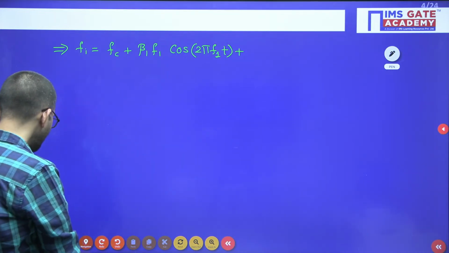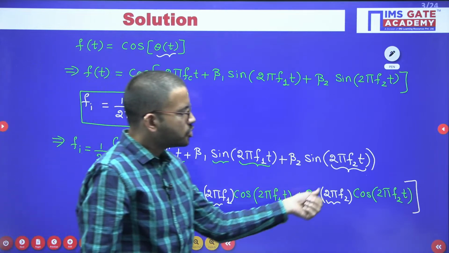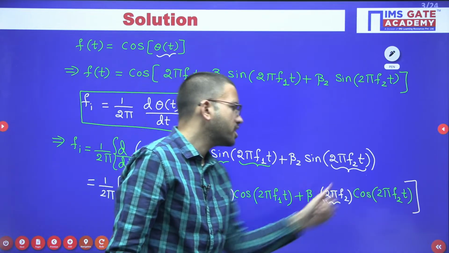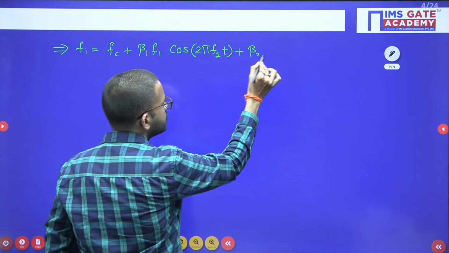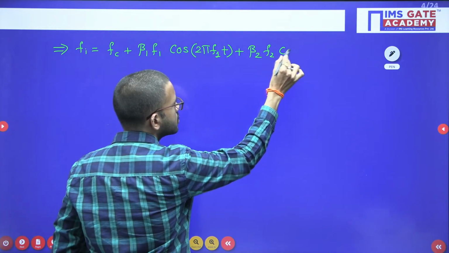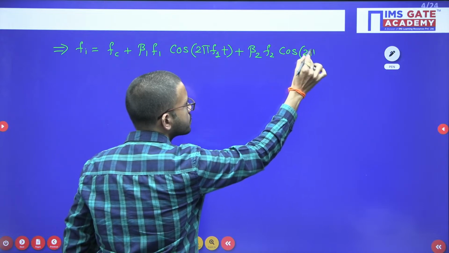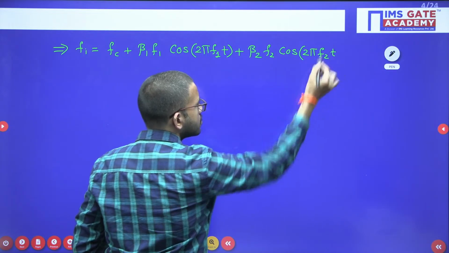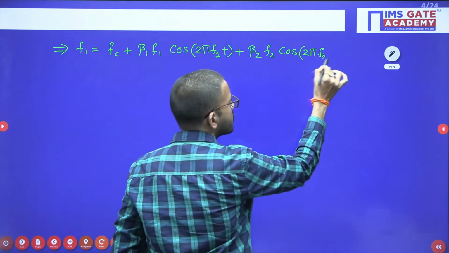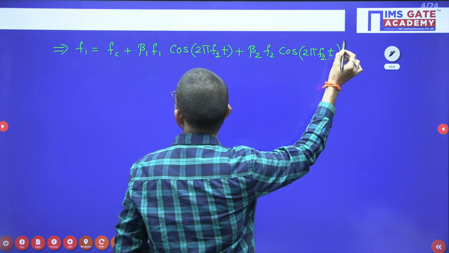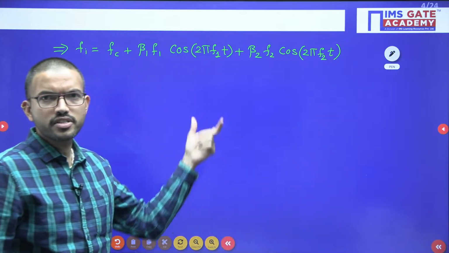Last term, what you are going to get? Beta 2 f2 into cos 2 pi f2t. Okay, I hope it is clear up to this step.